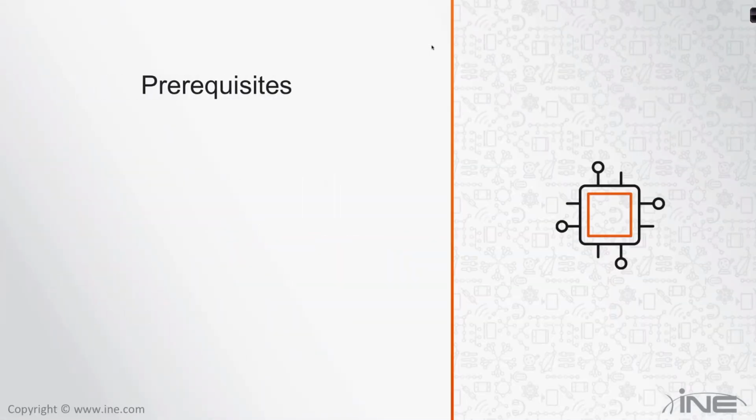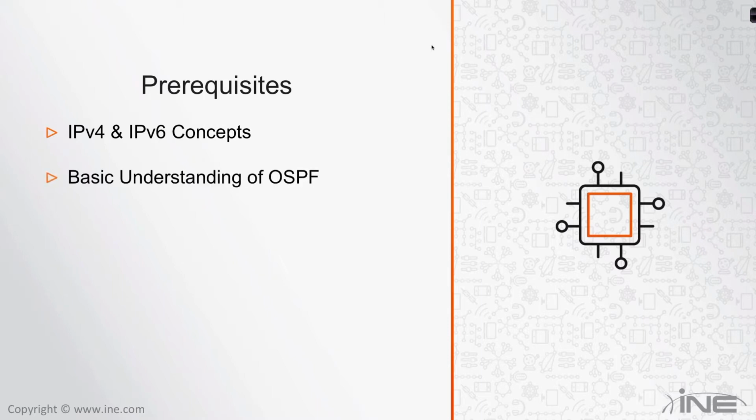Well, prerequisites. What do you need to know in order to get the most out of this course? Well, the first thing is you need to have a good understanding of IPv4 and IPv6 concepts. And then you need to have a basic understanding of OSPF, typically at the CCNA level, although there will be some overlap with some of the topics that we're covering when we go into a deep dive into the CCNP level tasks that are outside the CCNA realm.